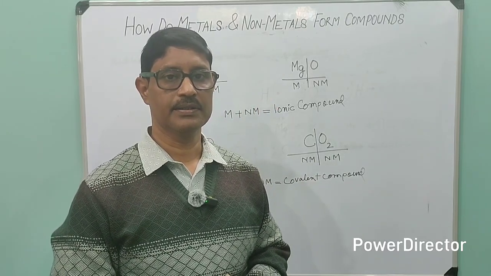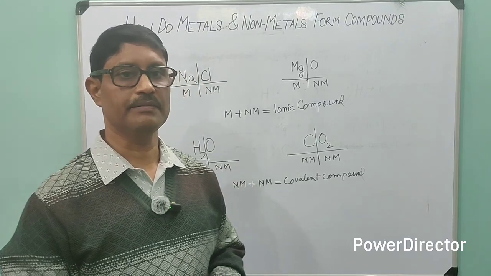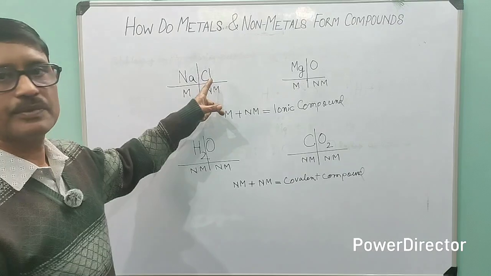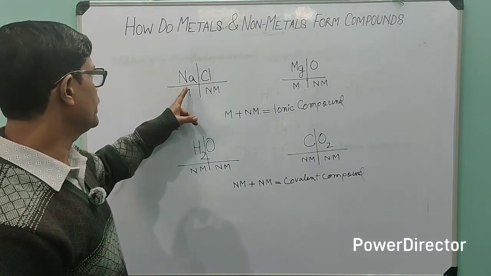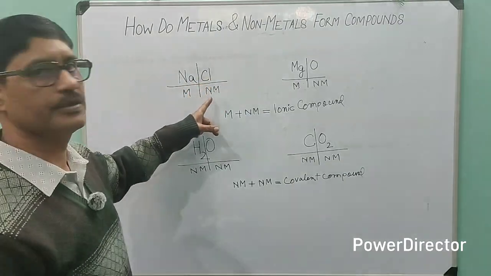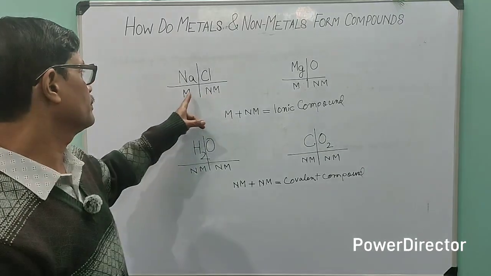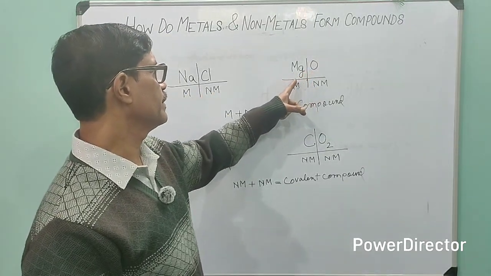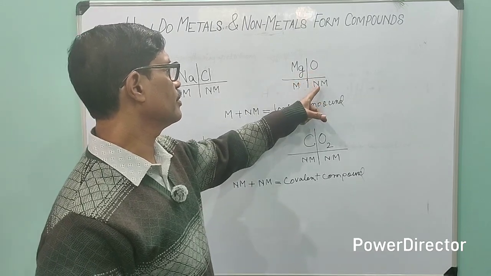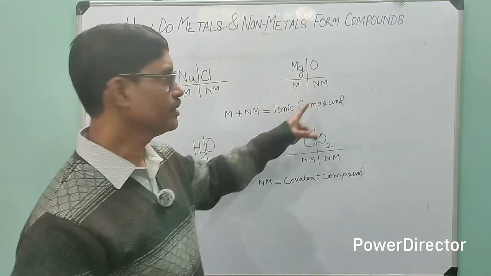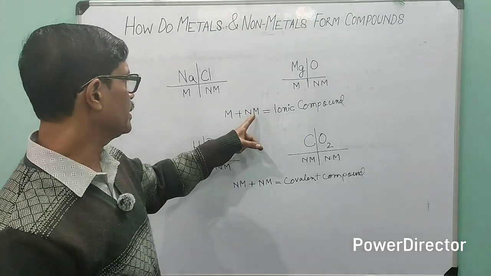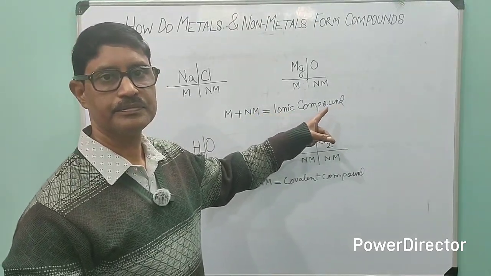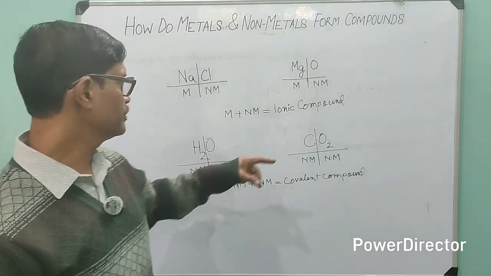But you have noticed in my video: sodium chloride, sodium metal, chlorine non-metal, metal plus non-metal; magnesium oxide, magnesium metal, oxygen non-metal, metal and non-metal. So whenever metal and non-metal combine, they form an ionic compound. There is formation of ions.